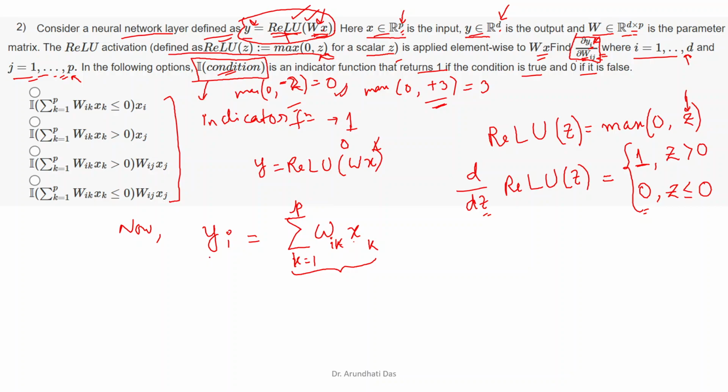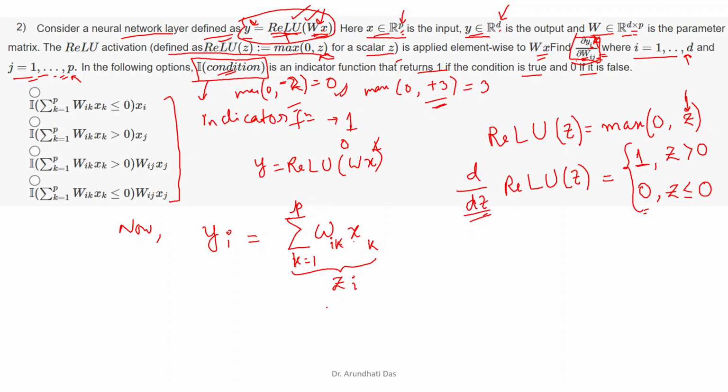What I need to do, ultimately, I need to find out the derivative of this yi with respect to wij. So just for simplicity, let me assume that this is my zi.